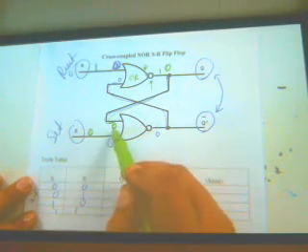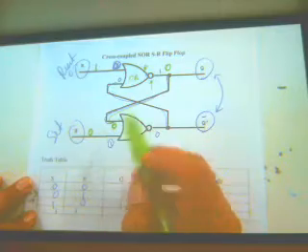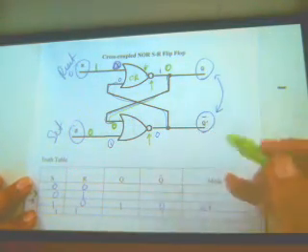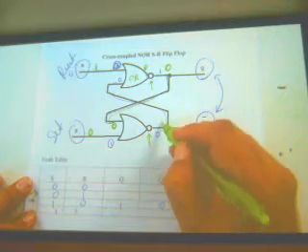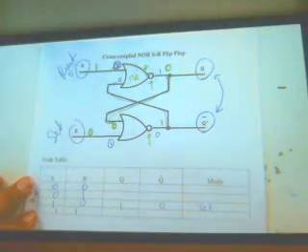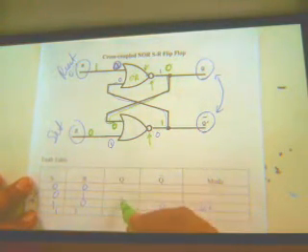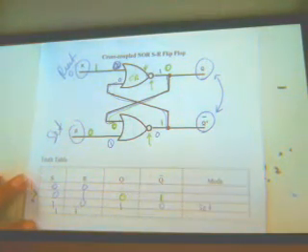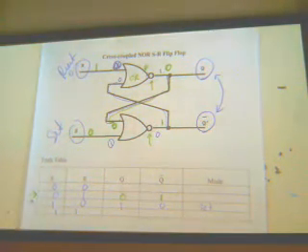So 0 and 0 in an OR gate, the output is going to be 0. But since it's inverted, we get a 1. So Q is going to be 0. Not Q is going to be 1. Okay?